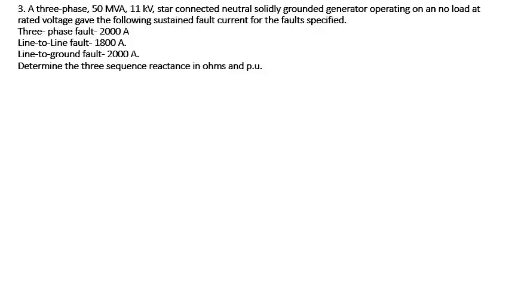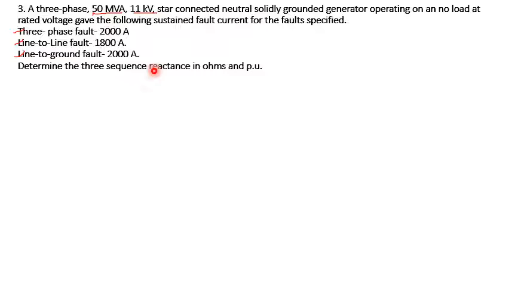So I told that we should know it is a three-phase, 50 MVA, 11 kV. For the three-phase fault it is 2000, line to line fault it is 1800, double line to ground fault it is 2000 amperes. We need to determine the three sequence reactances, that is x1, x2 and x0.